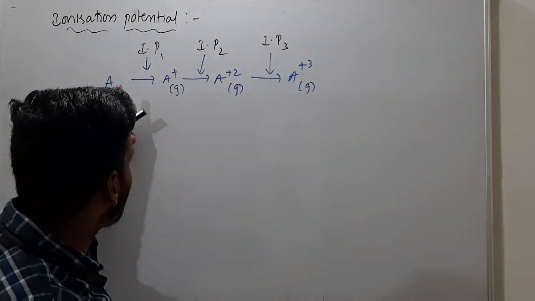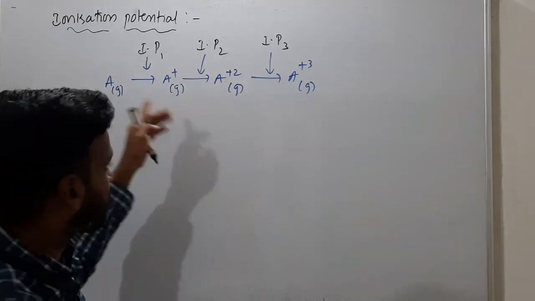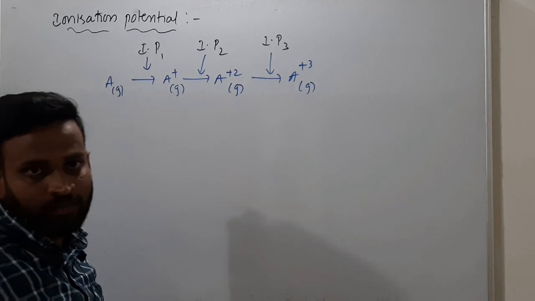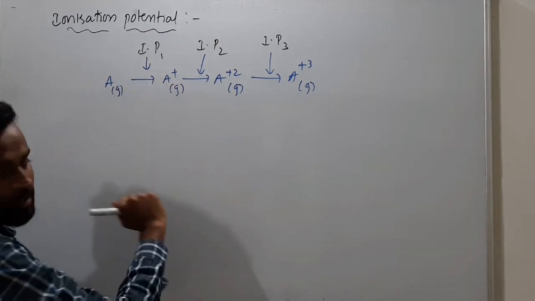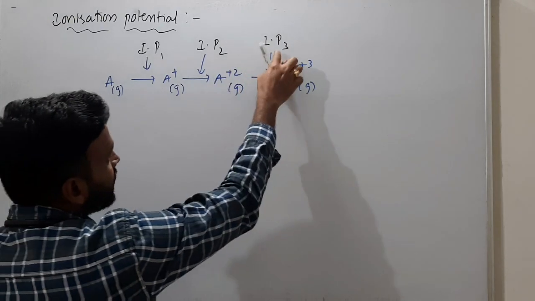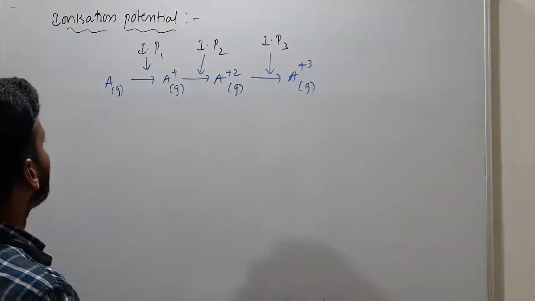First electron you are removing from here, second electron from here, third electron from here. After removal of one electron, plus one. After removal of two electrons, plus two. After removal of the third electron, plus three. Okay, so like that it was given.